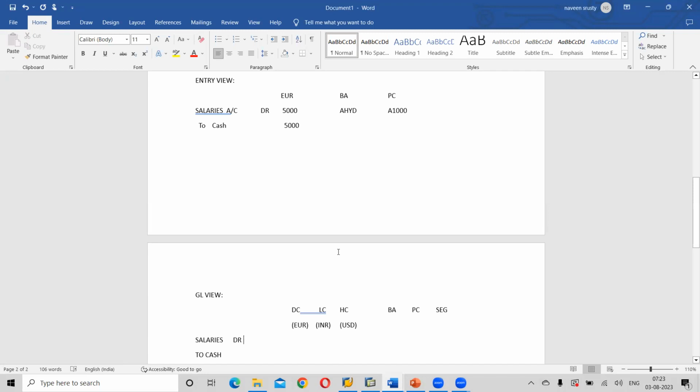Here the document currency takes 5,000, and the local currency is converted using the foreign currency valuation exchange rate on that particular day. The same happens for the USD group currency. In the same way, the credit line also updates the document currency.